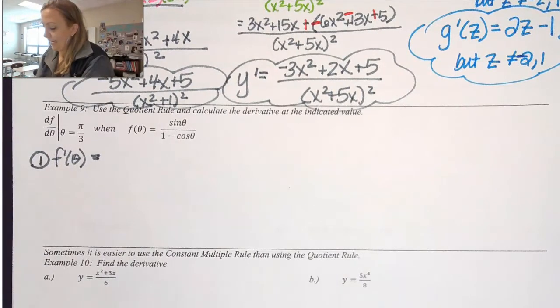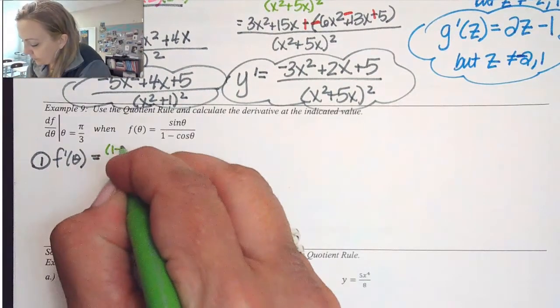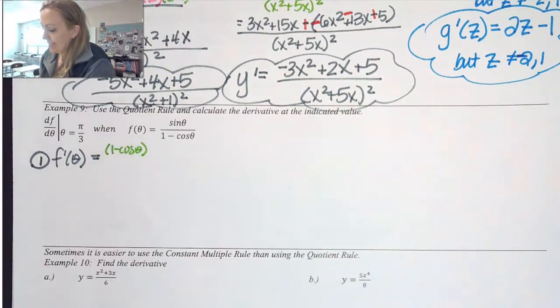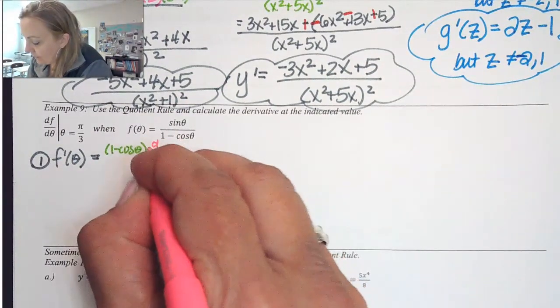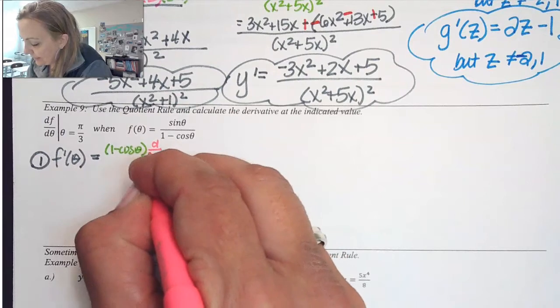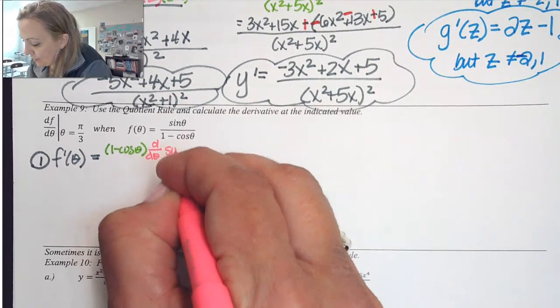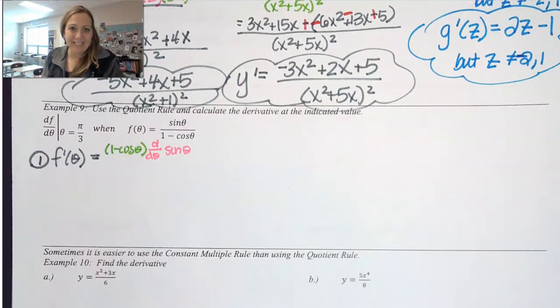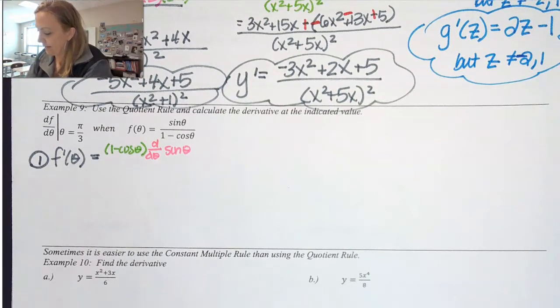We're going to take low times the derivative of the high, so d high. And notice that when I have theta, it's not d dx. You see it's d theta. Careful with that.